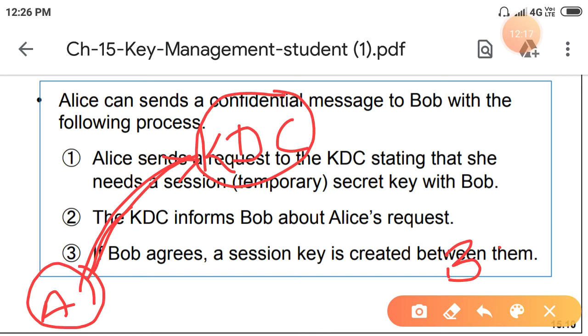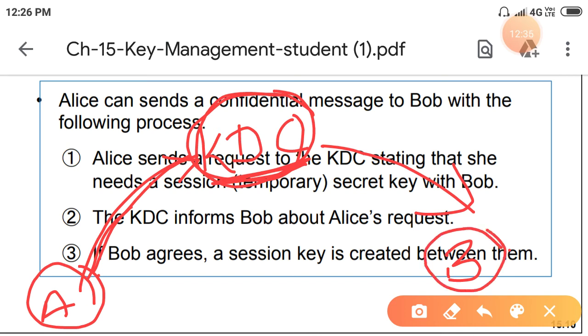So at that time, the KDC informs Bob about A's request. Okay, KDC is informing Bob about this request.